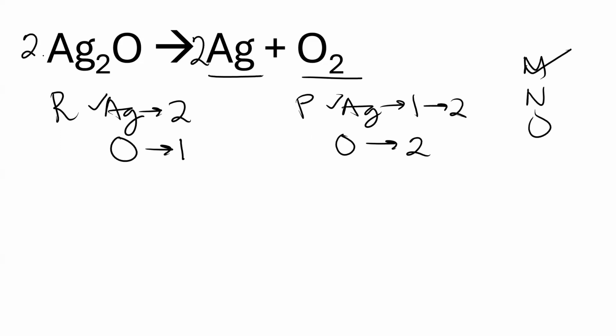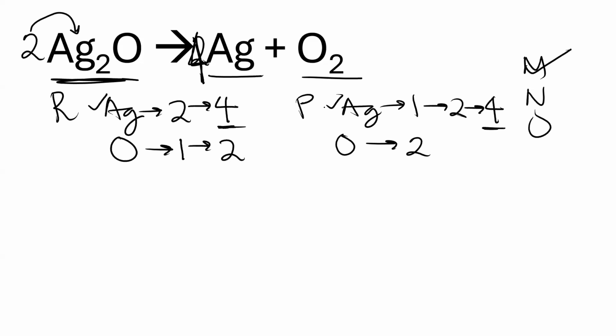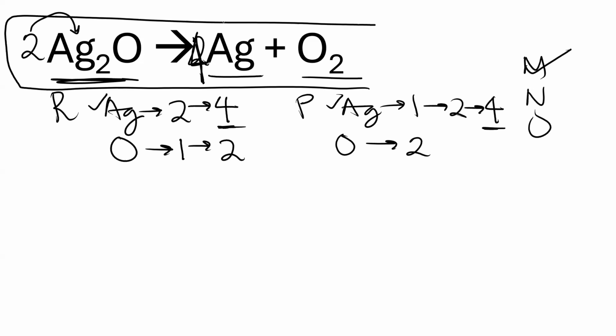So we need to place 2 here in order to balance the oxygen. But by adding 2 on silver oxide, we multiply our silver by 2. So we now have 4 silver atoms on the reactant side. Therefore, we need to change our coefficient for silver on the product side so that it balances to 4 atoms, right? So that's 2 silver oxide forming 4 silver plus oxygen. That's how easy the process is.